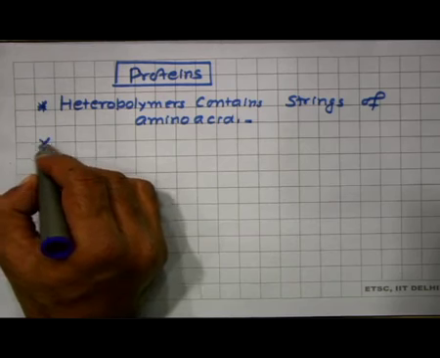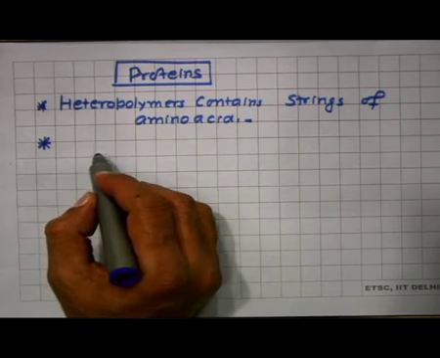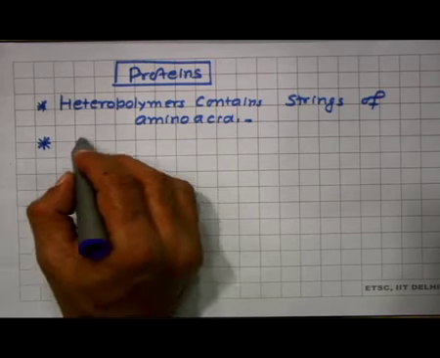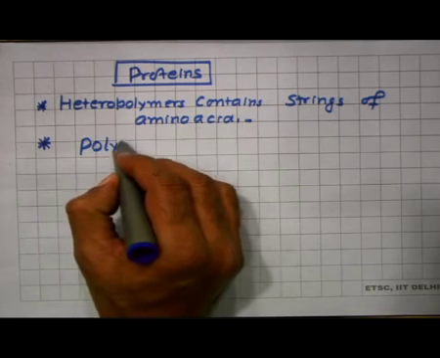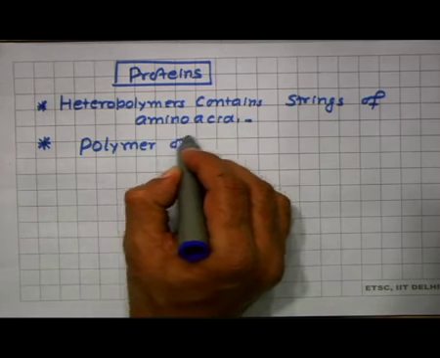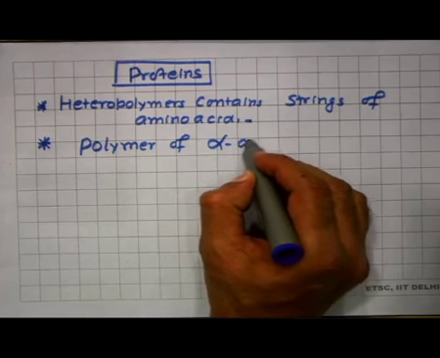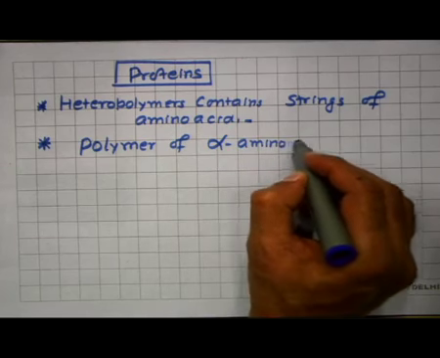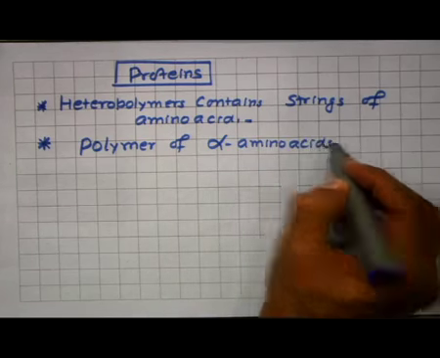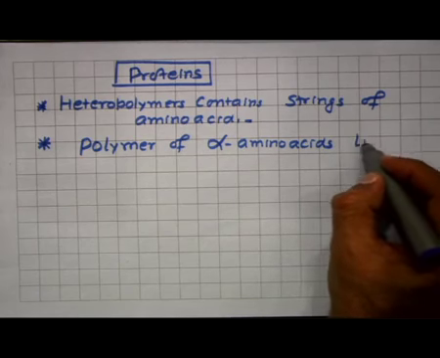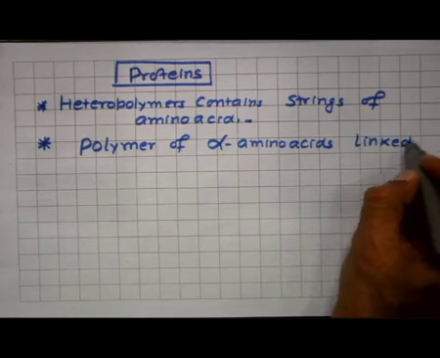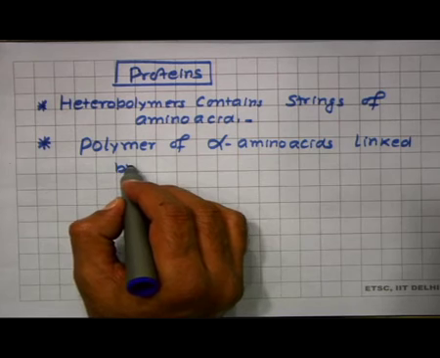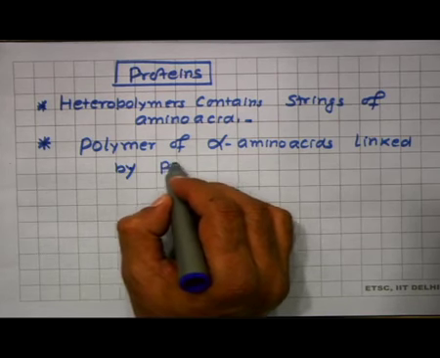Proteins are formed by amino acids with the help of peptide linkage. It is a polymer of alpha amino acids linked by peptide linkage.